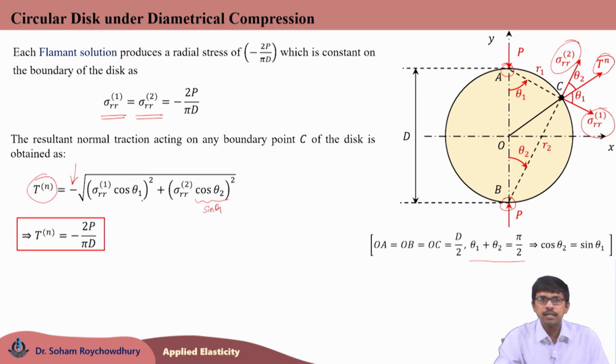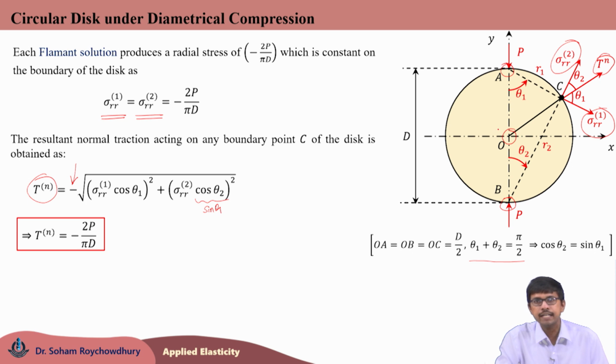So, the summation of two Flamant solutions 1 and 2 due to the two loads acting at top and at bottom, in total their resultant is basically a resultant surface traction Tn, and Tn is acting about the center point O. Tn is radially outward from point O, and its magnitude is minus 2p by pi d.